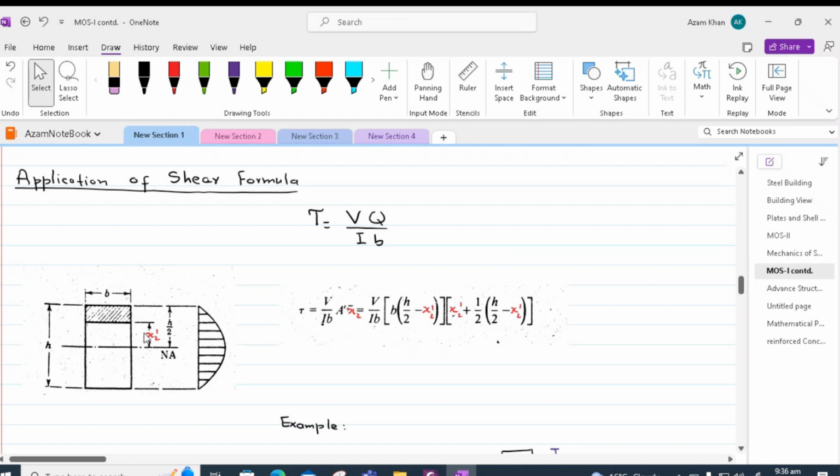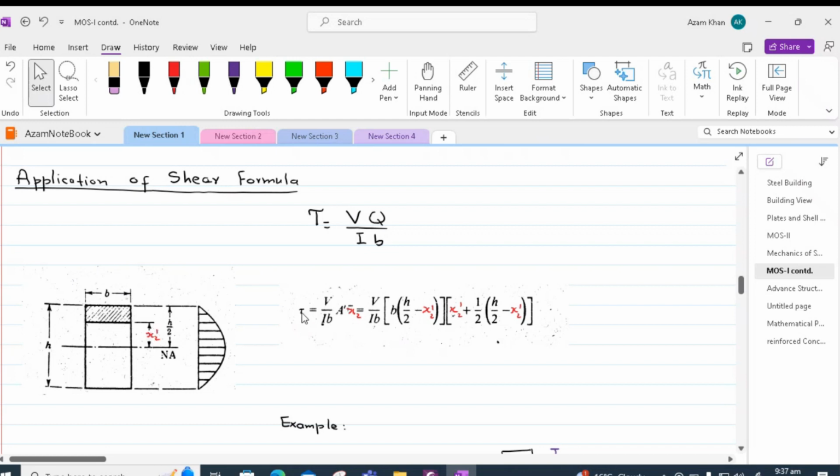That is the area, and y bar can be found by finding the distance of the centroid of this hatched region from the neutral axis. That is x1 plus half of h by 2 minus x1.